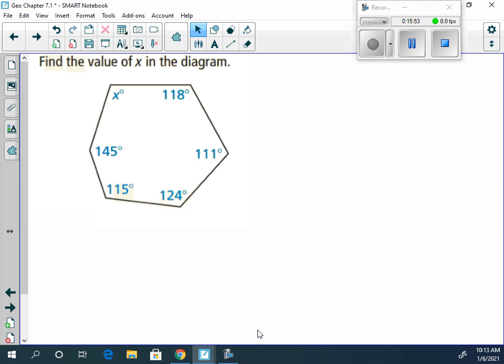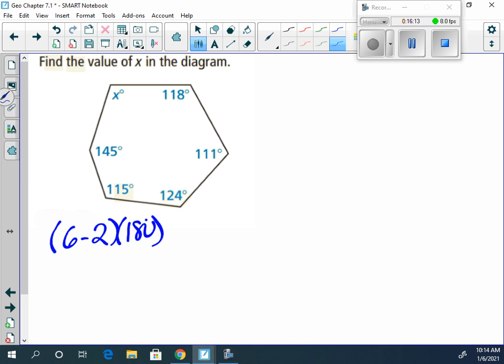So let's do this one here. Now looking at this, it's going to be kind of hard to see what the sum is, but I can use my formula, and I can see how many sides I have. Well, I have 1, 2, 3, 4, 5, 6. So to find the sum, we can do 6 minus 2 times 180 to find out the sum of the interior angles of this polygon.